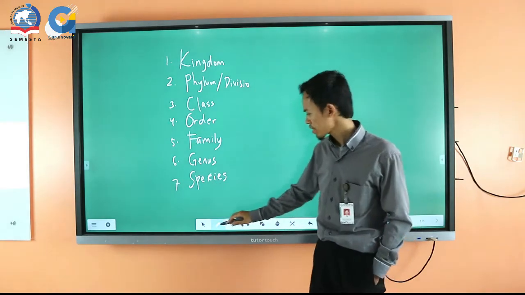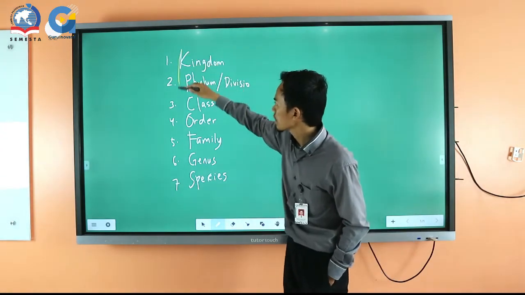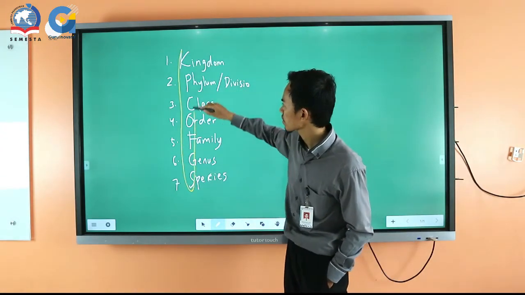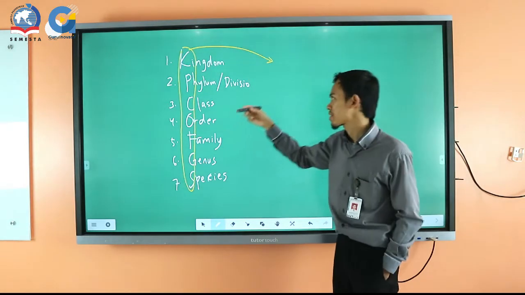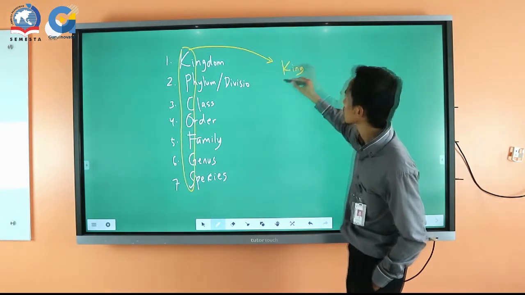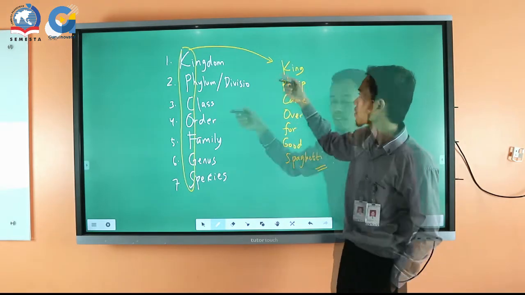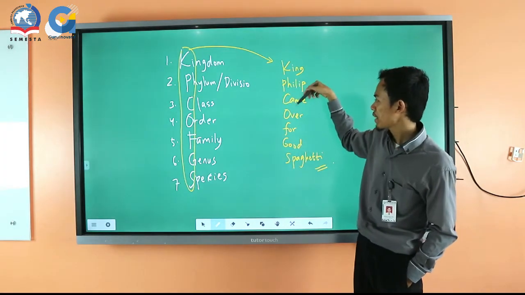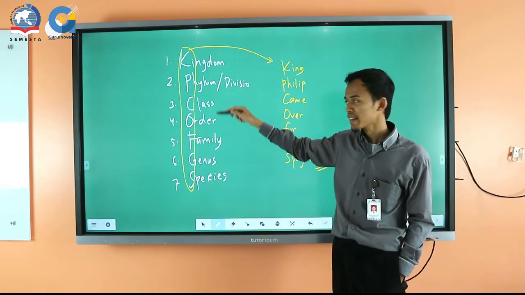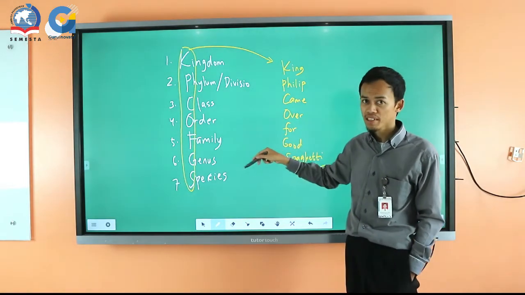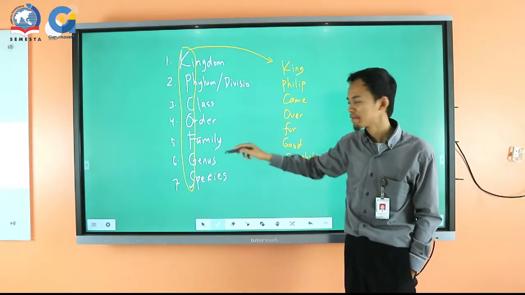Now take a look at the first letter of each: K, P, C, O, F, G, S. And then convert it into an interesting sentence that we write. King Philip came over for good spaghetti, or kingdom, phylum, class, order, family, genus, and species. It's easier to memorize this taxonomy.